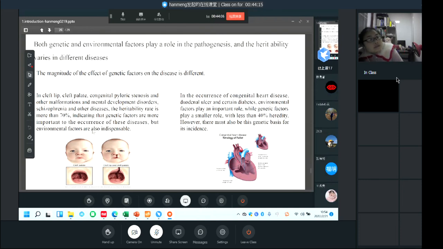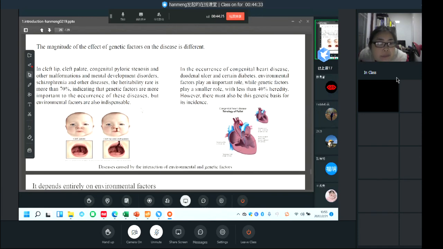Both the genetic and environmental factors play a role in the pathogenesis, and the heritability varies in different diseases. The magnitude of the effect of genetic factors on the disease is different.